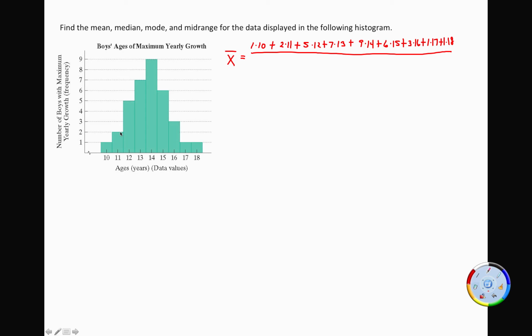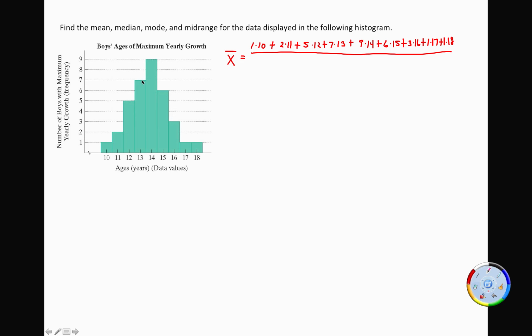1 plus 2 is 3, plus 5 is 8, plus 7 is 15, plus 9 is 24, plus 15 is 39. Let's start this over. Not plus 15, plus 6. Okay, here's my frequency. 1 plus 2 is 3. Plus 5 is 8 data items.